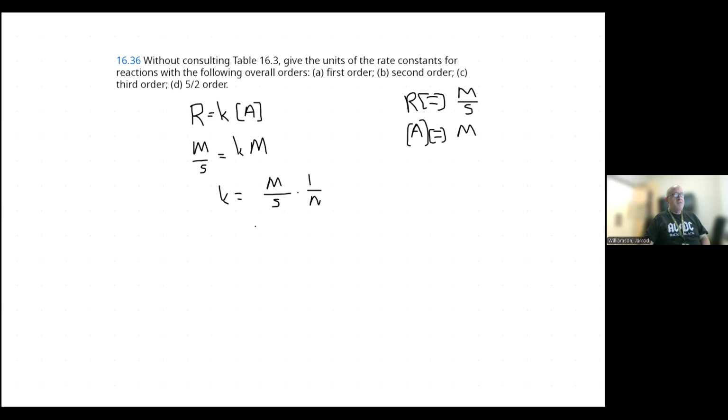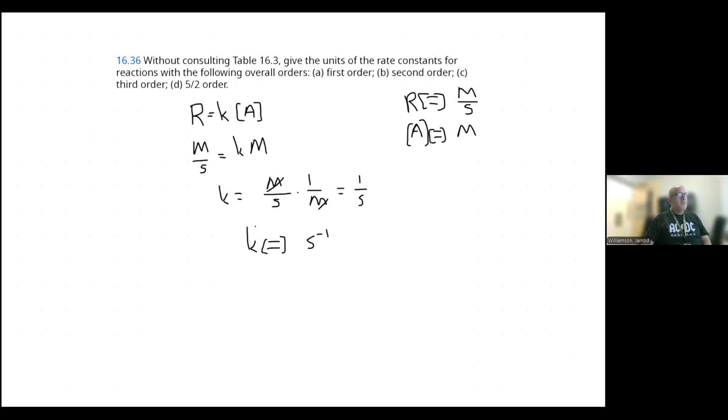When we divide both sides by this molarity, molarity cancels, and we'd be left with 1 over seconds, or we would say K has units of seconds to the -1 when it's a first order reaction.